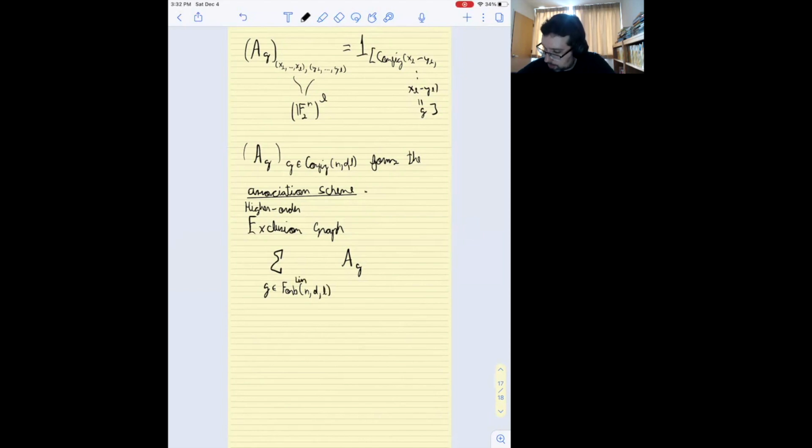Let's work with the linear version of them. This is giving rise to a new graph, and this new graph is going to be our new G_{n,d}, but now indexed by L. That's our new exclusion graph. So recall that the set of forbidden configurations is telling us when two things are too close to each other, right? All right, so we have this.